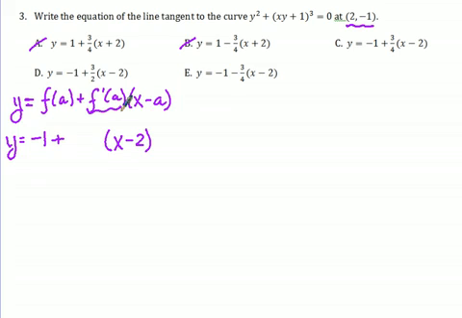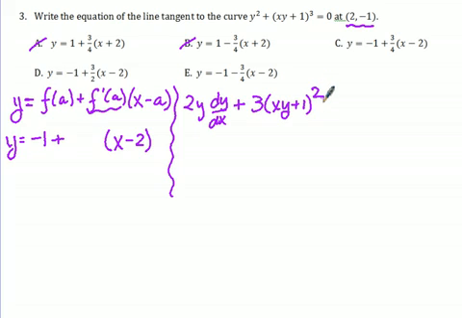I need to find the derivative of this curve. So y squared, that derivative would be 2y, of course followed with dy dx, plus, now here's where this gets challenging. We've got a chain here because I have this function being raised to the 3rd power, but then within that chain we've also got product rule with the xy. I'm going to do the power of 3 first. That's the outside function. So 3 times (xy plus 1) squared.